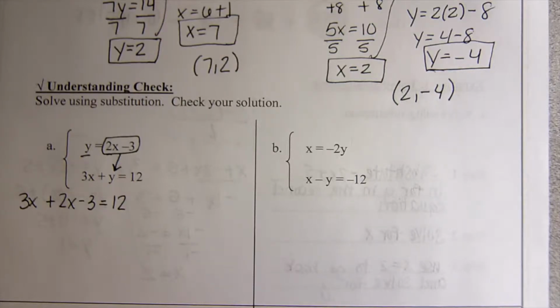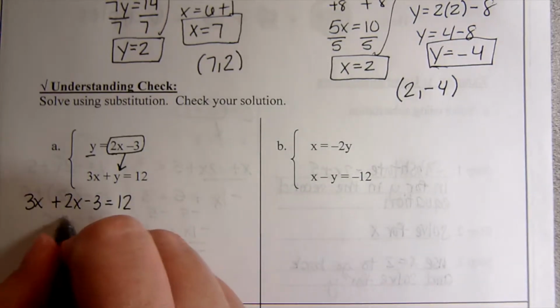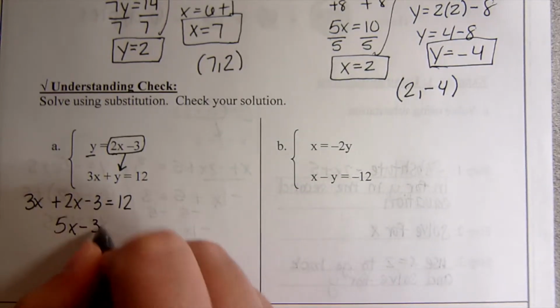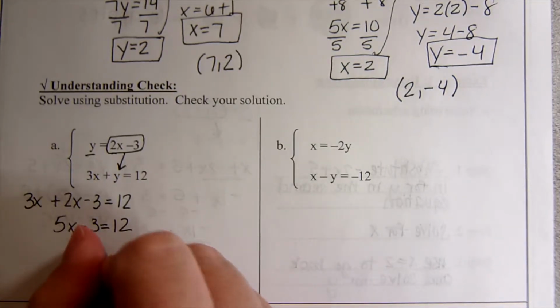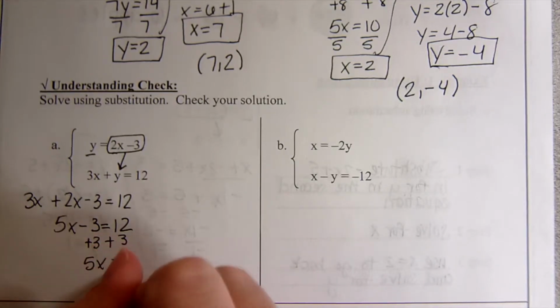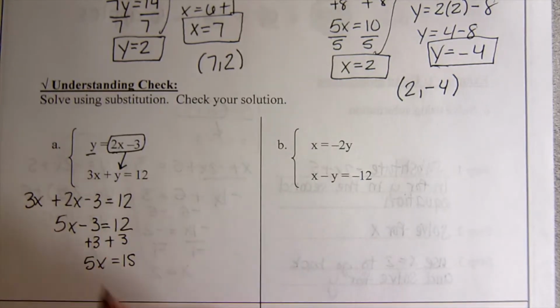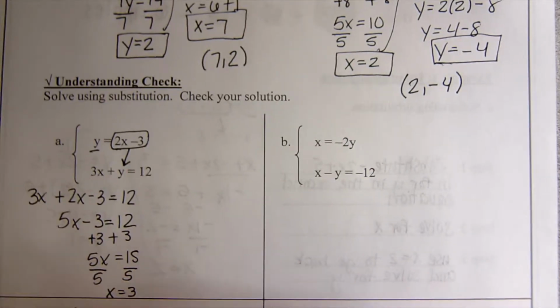So what do I do next? Combine like terms, so 5x minus 3 equals 12. And then what next? Add 3 to both sides. So 5x equals 15, and then what? So x equals 3. And then what do I do next?